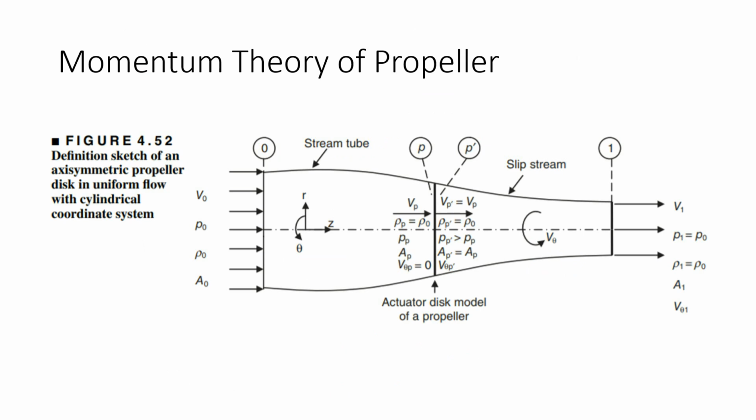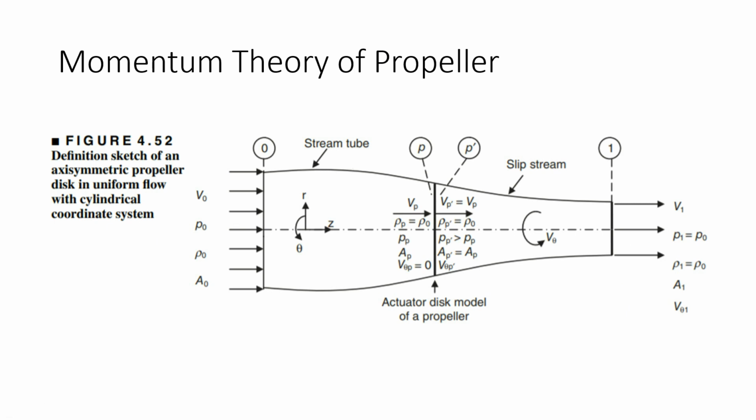Okay, so to design a propeller, or how it works, or how much of it you will have to consider, there are two theories. One is the momentum theory for a propeller, and the other one is the blade element theory. So momentum theory will just give you how much thrust you can produce just using a propeller for a given diameter. If you have a propeller of a given diameter, how much thrust you can produce is what the momentum theory is talking about.